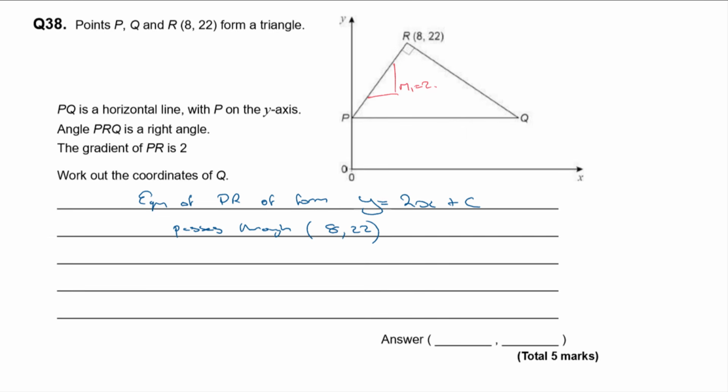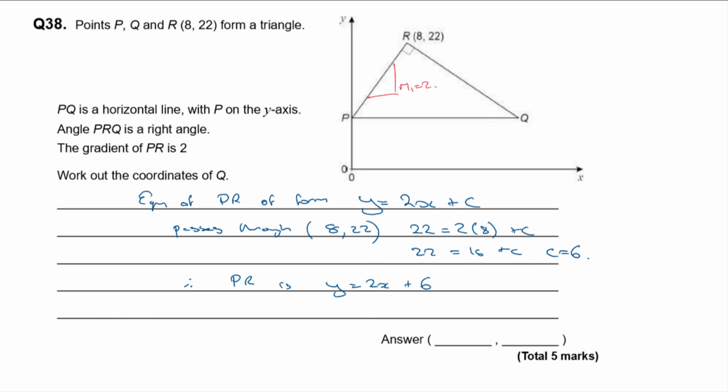That point R. And so if we sub those in, we get 22 is equal to 2 lots of 8 plus c. 2 lots of 8 is 16. So c then must be equal to 22 minus 16. c is 6. And therefore, PR is y is equal to 2x plus 6.